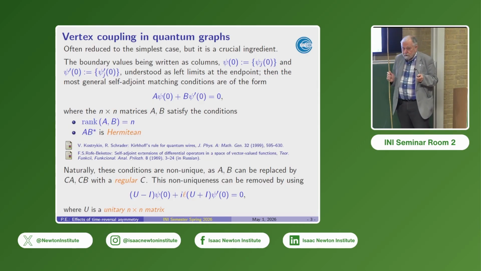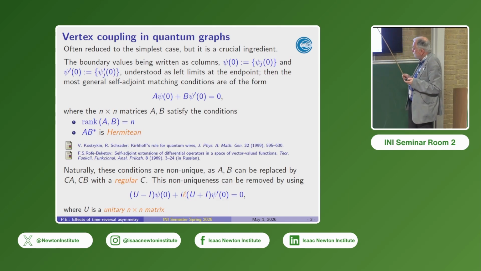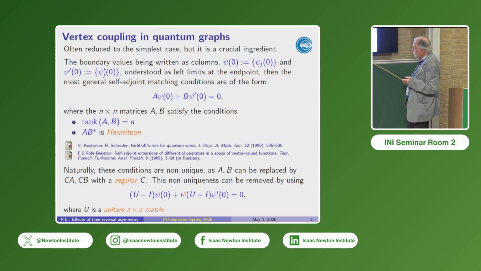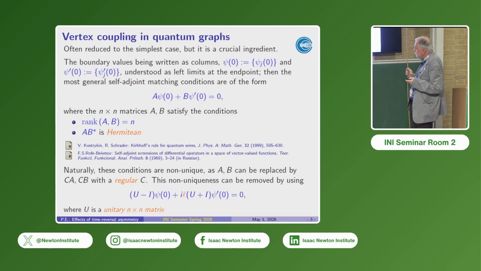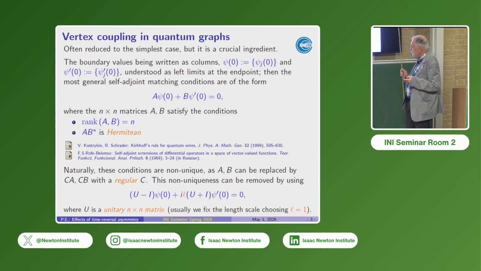There are various ways to make it unique. The one I will use is to choose A and B in the form U minus I and I, U plus I, where U is an n by n unitary matrix. There is one more parameter here, but it does not multiply the number of extensions. It just fixes the length scale, and usually I put it equal to 1.